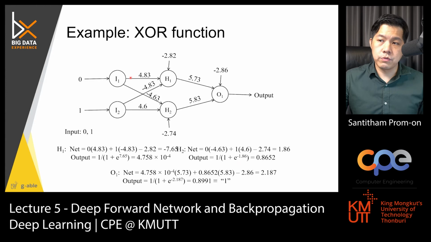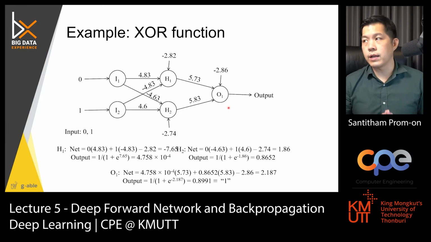Put this into multiplication here and adding with the bias, you get H1 at minus 7.6, H2 as 1.8, and then feed to the output, you get low activation for H1, high activation for H2. And then these H1 and H2 are then fed to O1 to compute output. Then you get the result out. This is the forward computation.